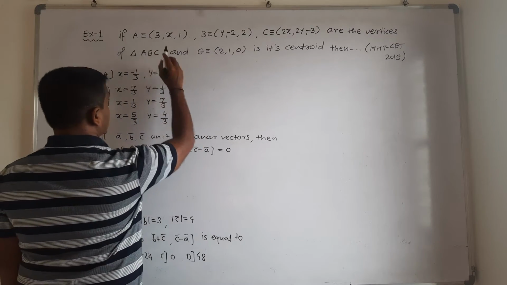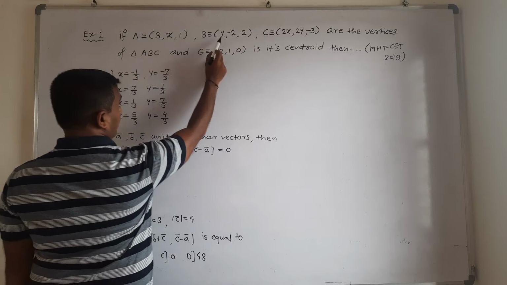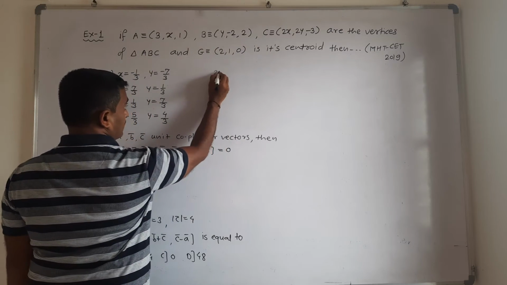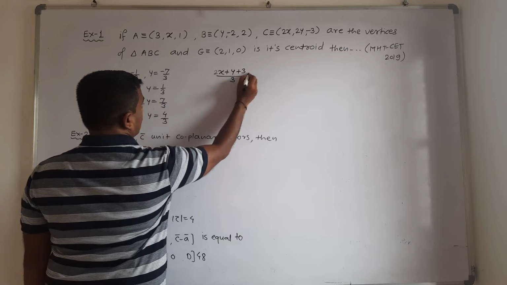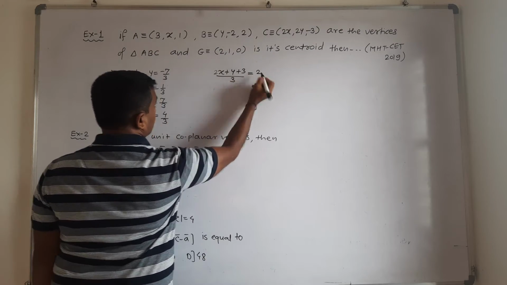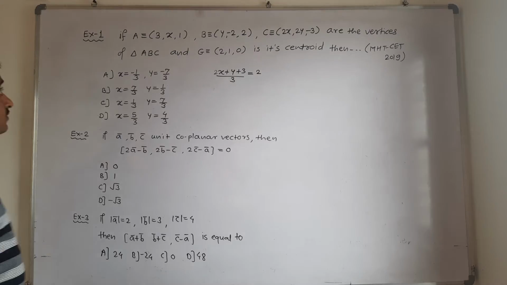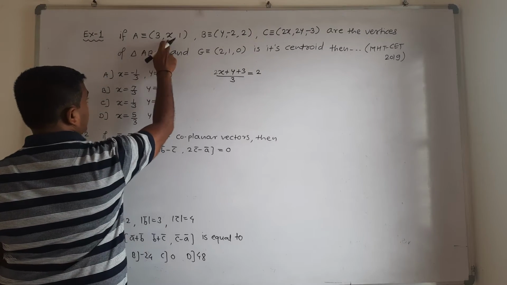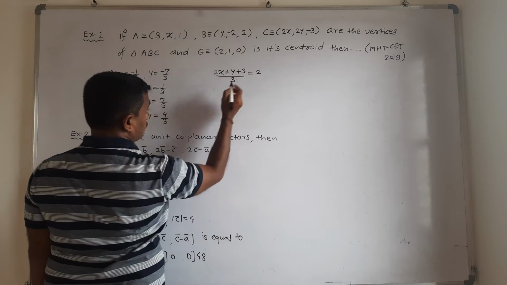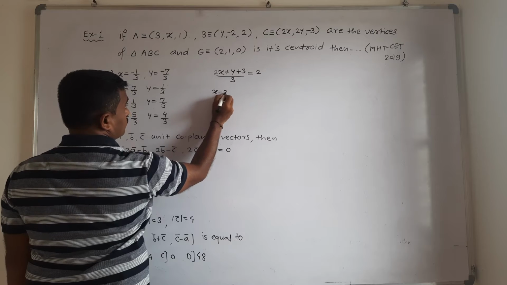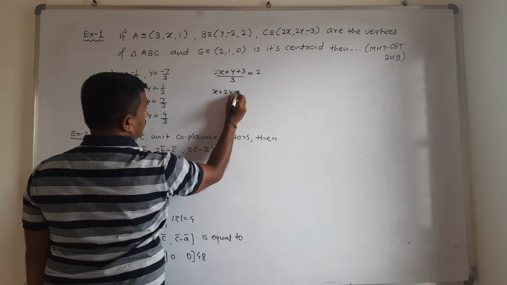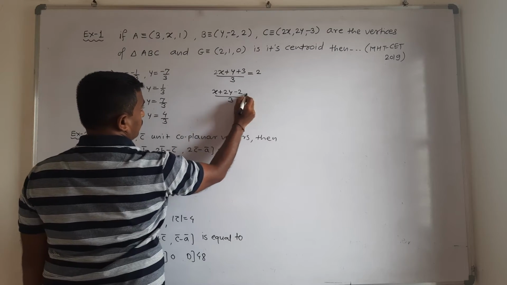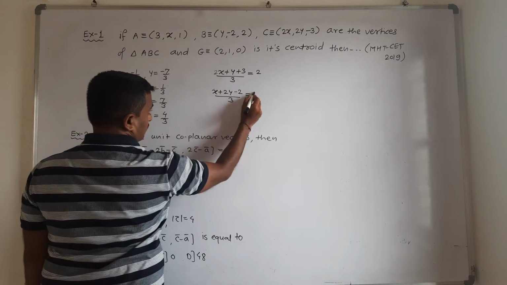First: 3 plus y plus 2x, that is (2x + y + 3) upon 3 is equal to 2. Now the second: x minus 2 plus 2y, that is (x - 2 + 2y) upon 3 is equal to 1.